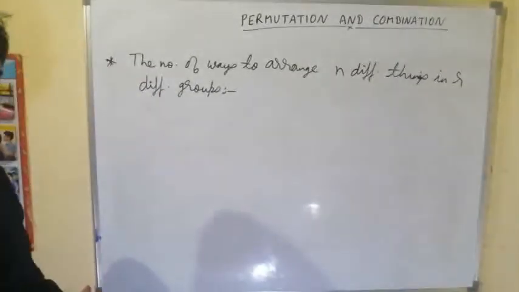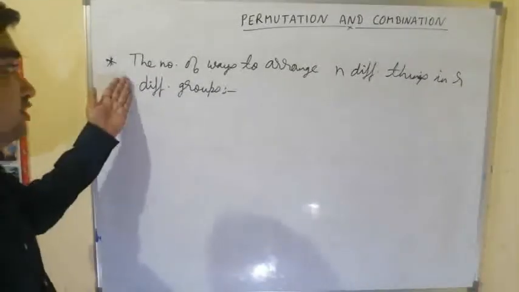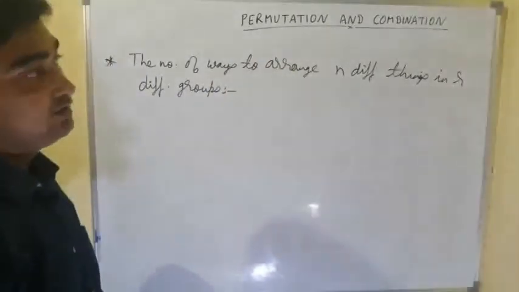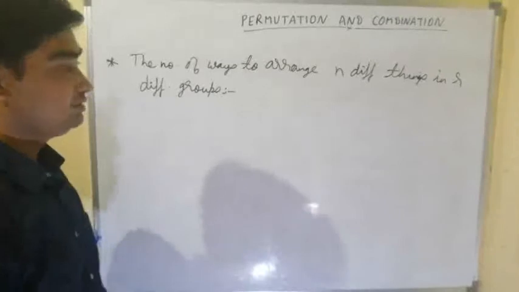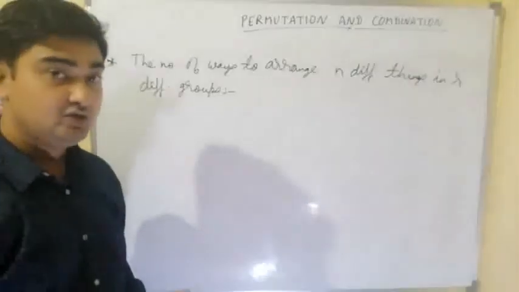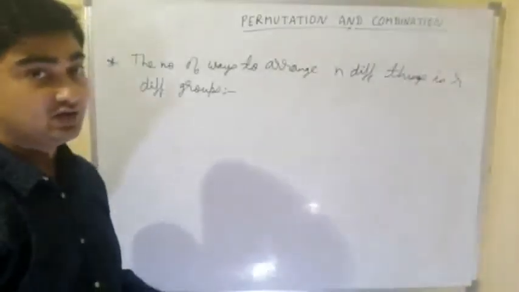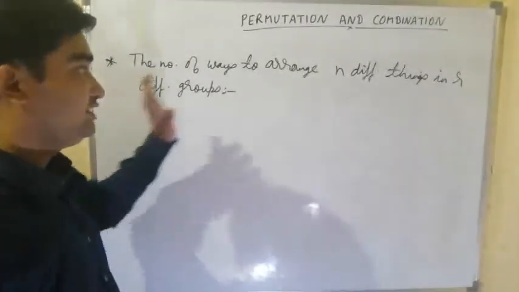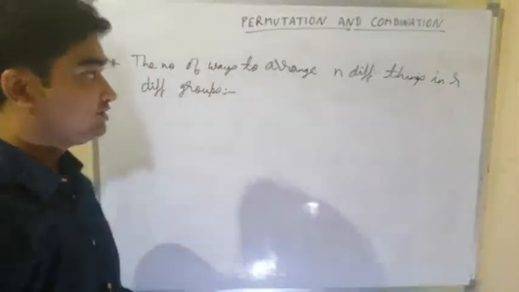It is topic 1 for today, that is the number of ways in which we can arrange n different things in r different groups. Previously we knew the size of the group, but here we are not given the size of the group. We have just been asked in how many ways we can arrange n different things in r different groups.